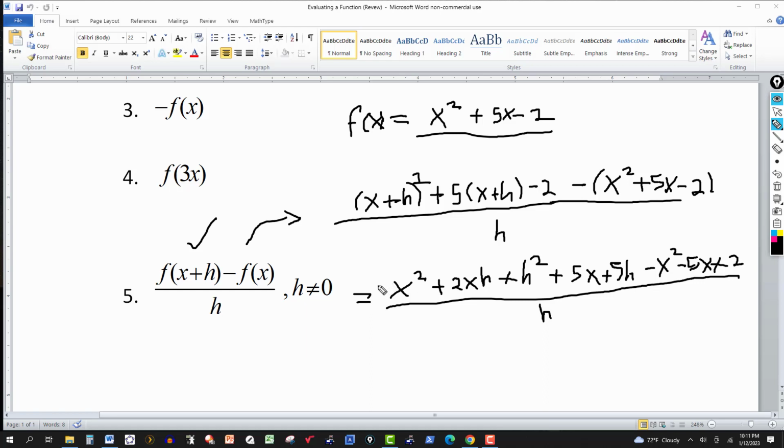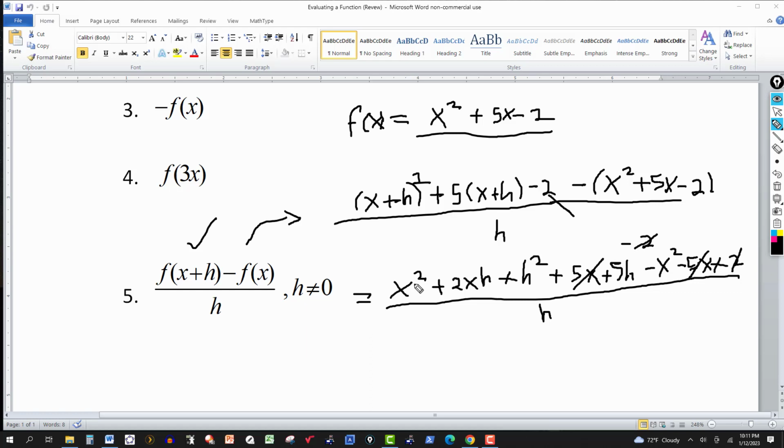So now we just simplify. So here's a 5x here, and here's a minus 5x. Those cancel. And here we have this minus 2, and there's that minus 2 from the first part, and this plus 2 at the end here. Those cancel out.